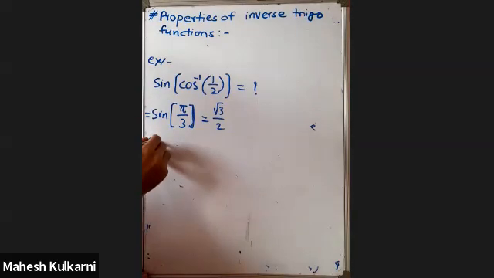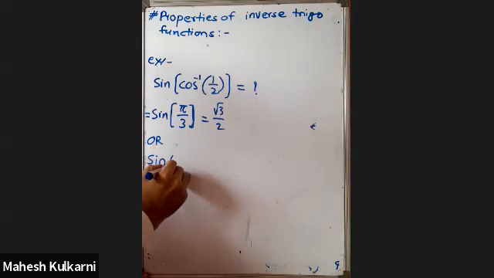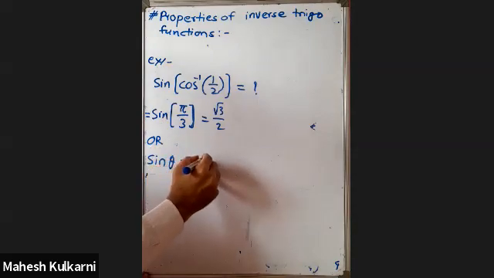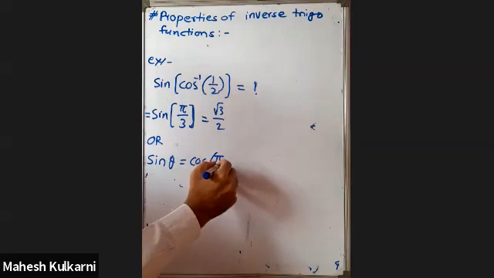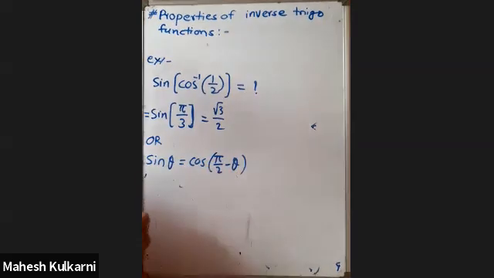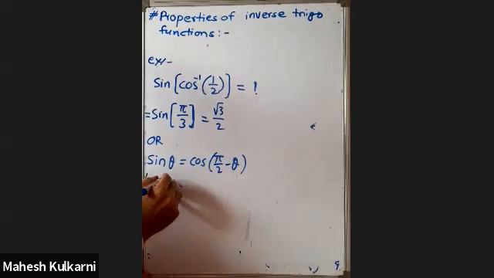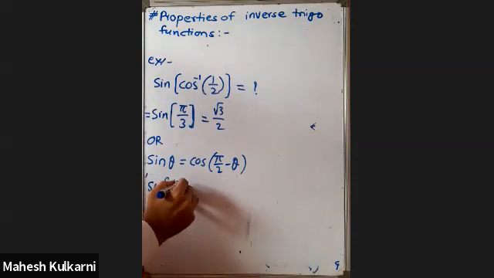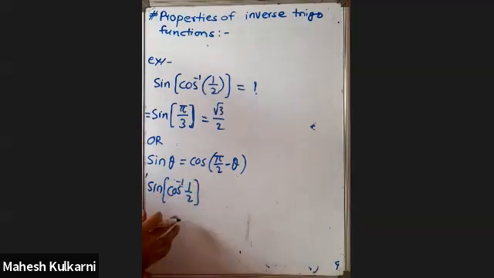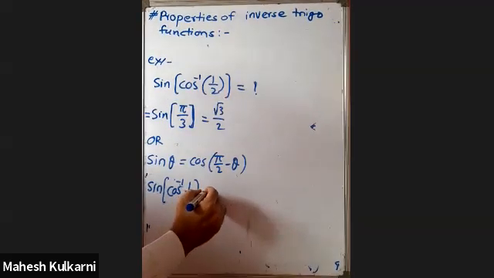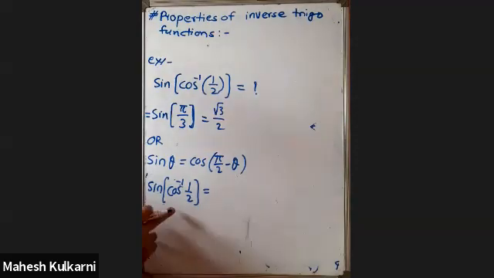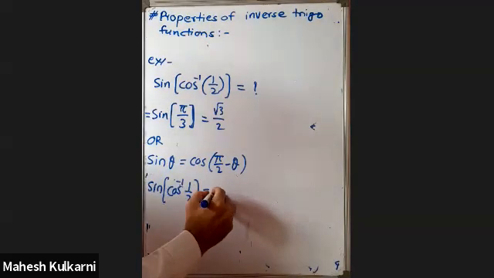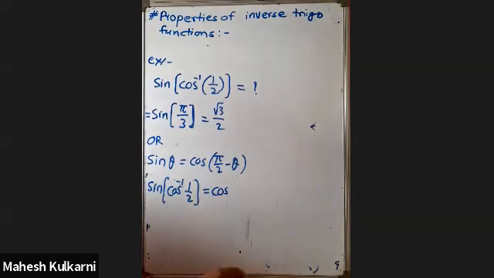Or alternative method is, you can use sine theta is equal to cos of pi by 2 minus theta property. So if I write sine of cos inverse of half, because this is theta here. So this is sine theta, it is cos of pi by 2 minus theta.